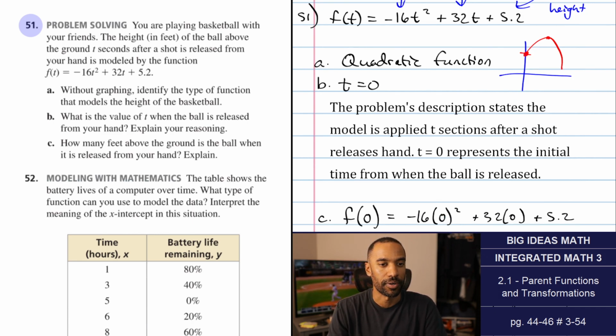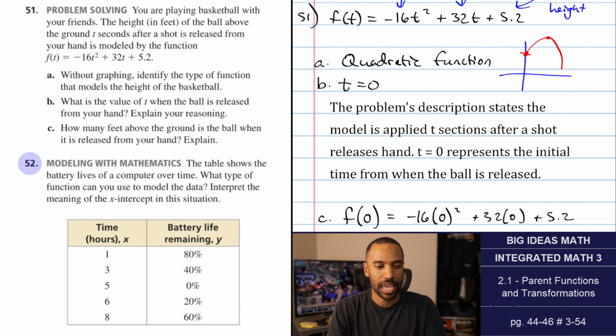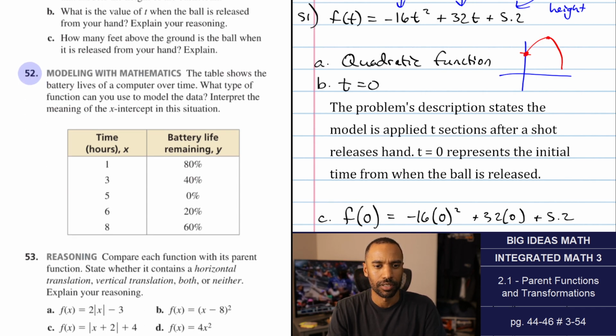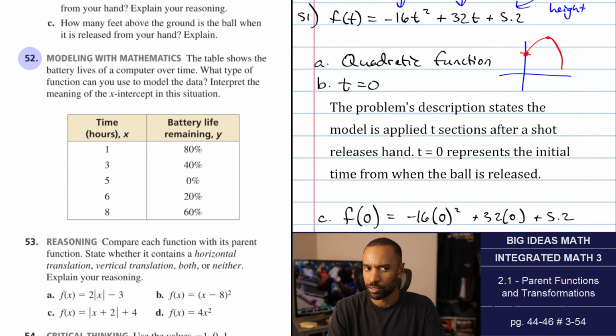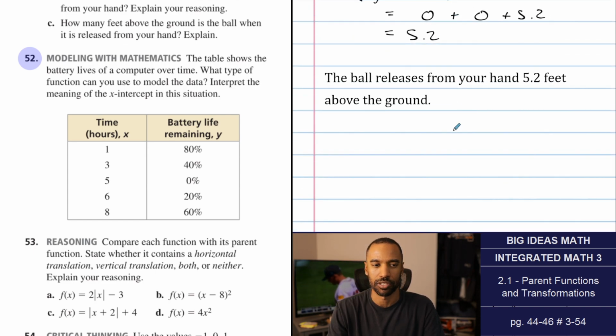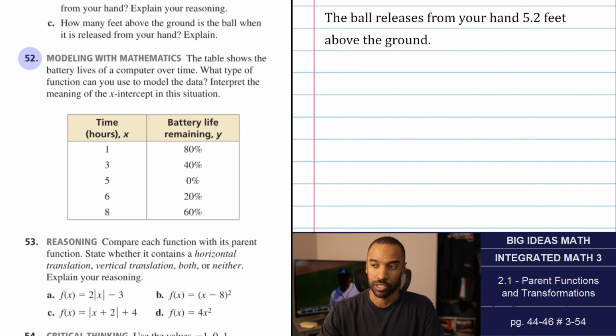Anyway, moving forward. Number 52, modeling with mathematics. The table shows the battery lives of a computer over time. What type of function can you use to model the data? Interpret the meaning of the x-intercept in this situation. I could tell you what the x-intercept means right now, but I'm not going to just yet.